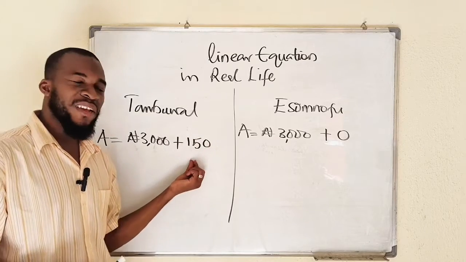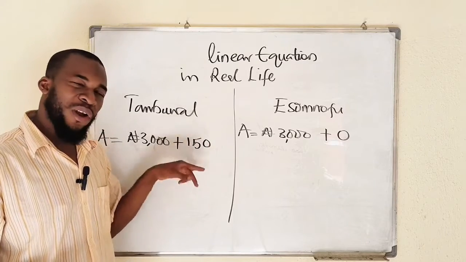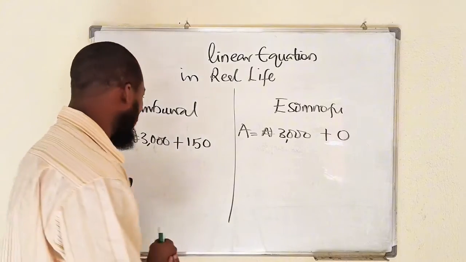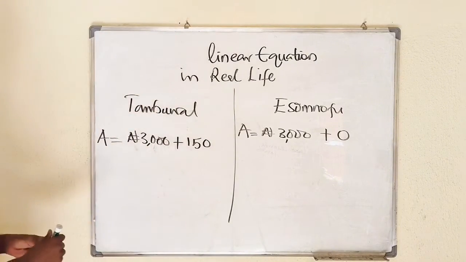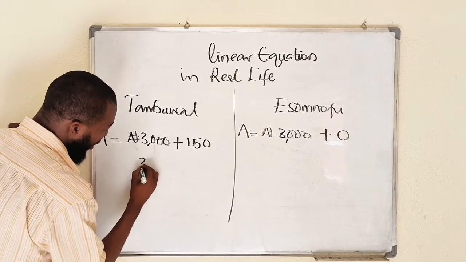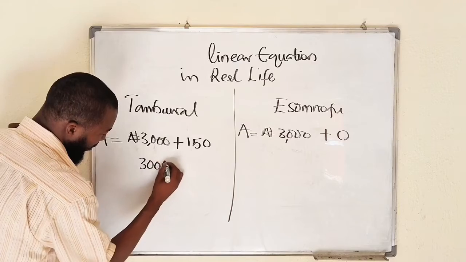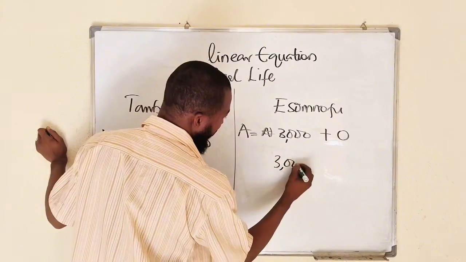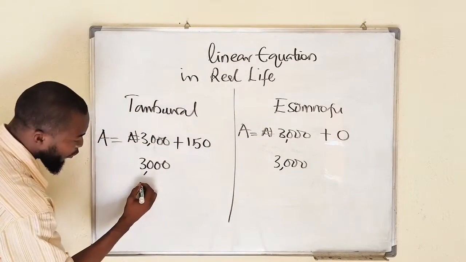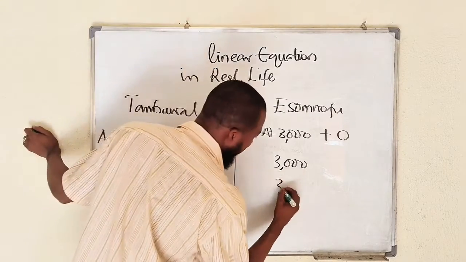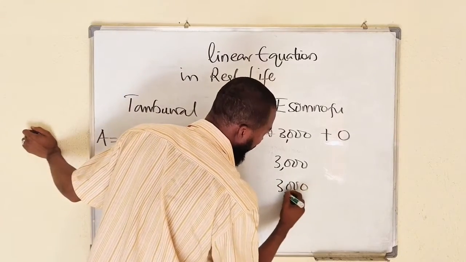Because I initially have what? 150 Naira in the account before we made our mind to be saving 3,000 weekly. So this is the first week. In the second week, I will deposit another 3,000. Right? He will do the same. Another week, that is the third week. So let me stop at third week.